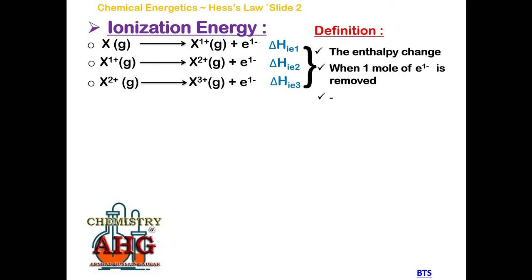Just look at the chemical equation that we have written, and you can say: the enthalpy change when one mole of electron is removed from one mole of gaseous atom to produce one mole of gaseous unipositive ion is known as first ionization energy.